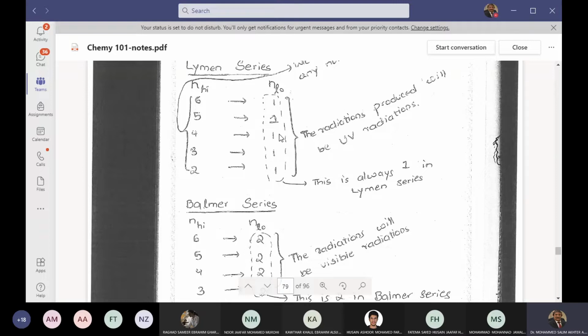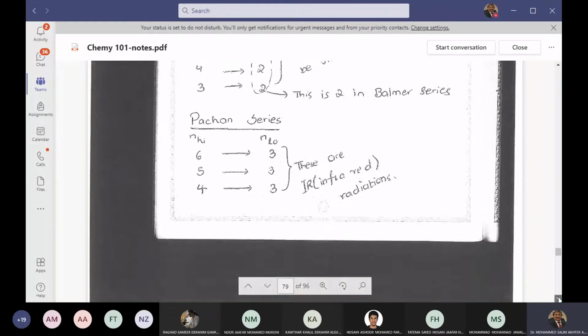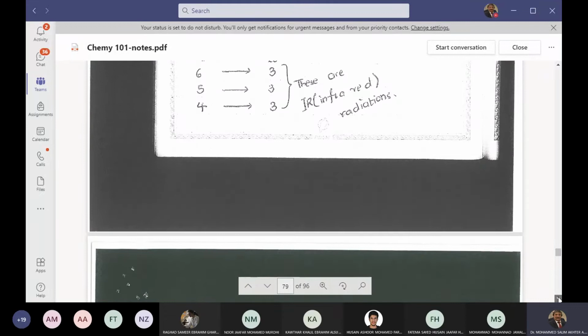Low means n is equal to 1 throughout. So when you see Lyman series, it means n low equal to 1. Similarly, when you see Balmer series, n low equal to 2. When you see Paschen series, n low equal to 3.